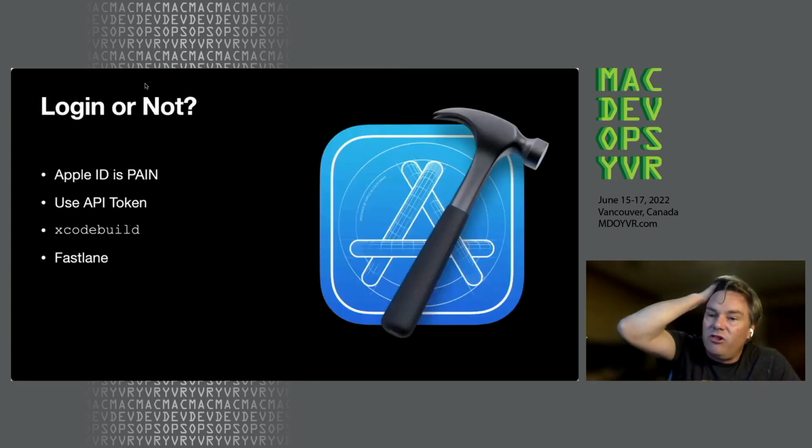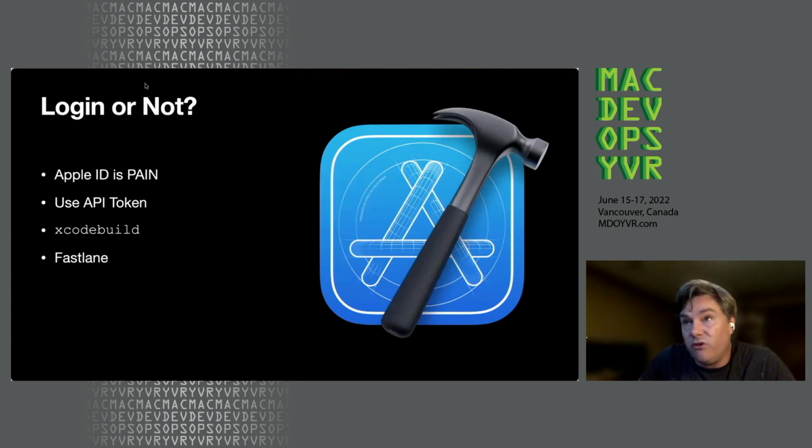So on your cluster, do you log into Xcode or not, via Apple ID in the Xcode Accounts pane? There are some situations where you kind of have to, if you want to use automatic code signing, and it is a pain because these Apple IDs, the developer Apple IDs, can't be managed Apple IDs.